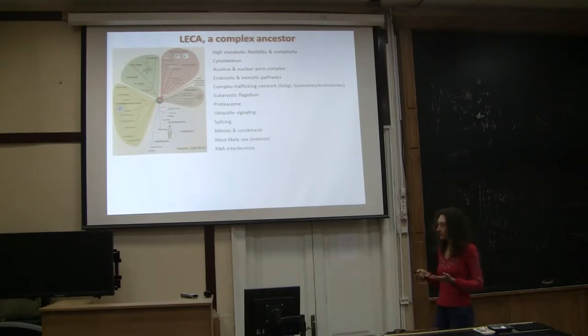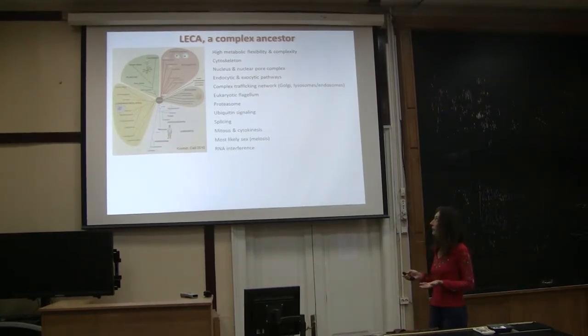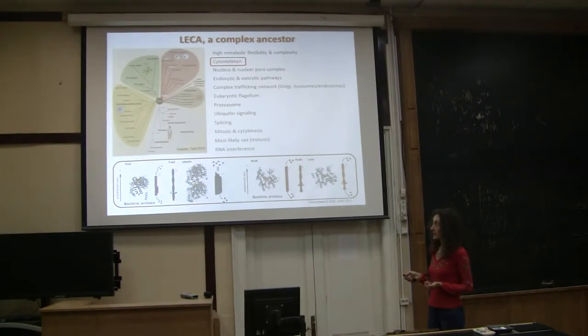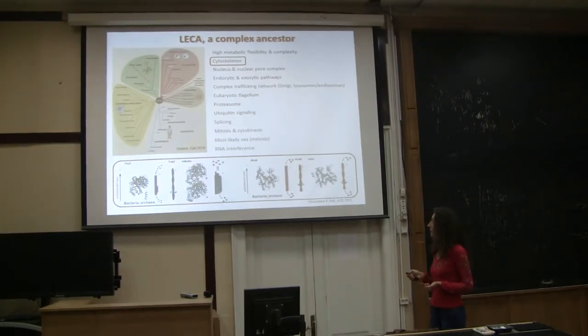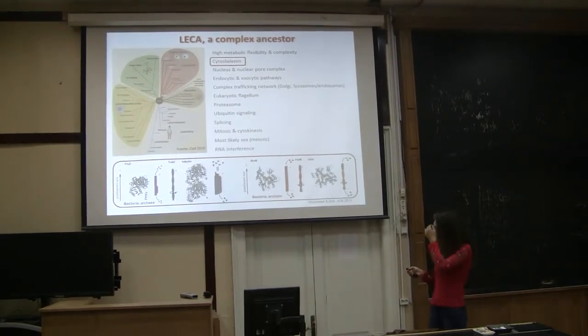And some of these cellular systems, or the evolution of such systems, can be relatively easily inferred from prokaryotic ancestors. One of the clearest is the cytoskeleton, because we know now that both bacteria and archaea harbor homologs to tubulin, that is FtsZ, and to actin, the protein MreB.